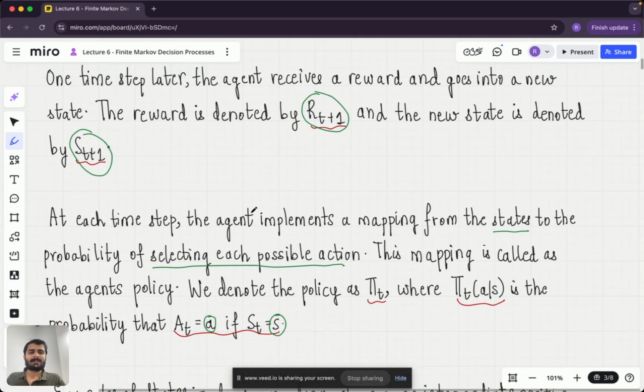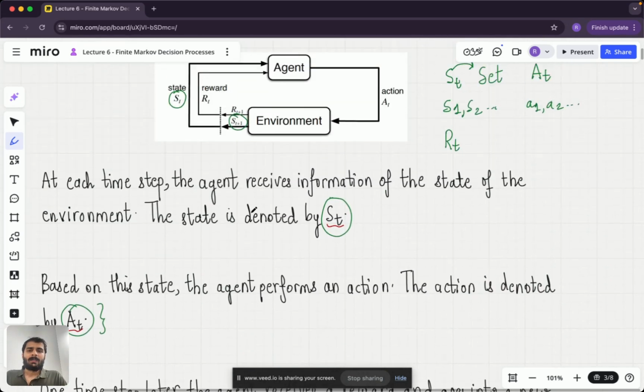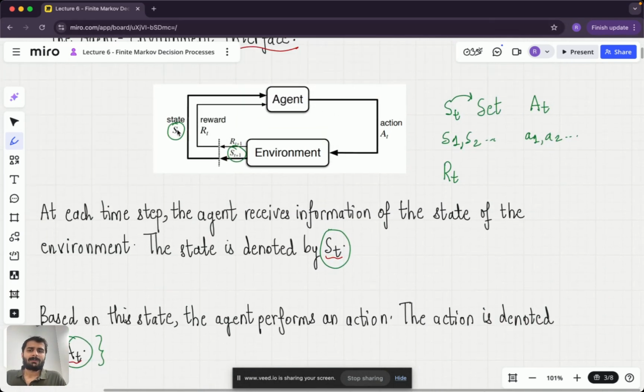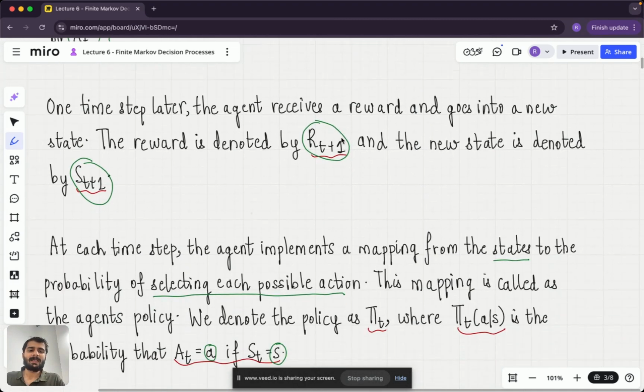Now, you might be thinking, okay, after it receives this state, how does the agent perform this action? Is there some kind of a mapping which tells the agent what action to take? So the answer is yes, there exists a mapping from every state to the probability of selecting each possible action in that state.